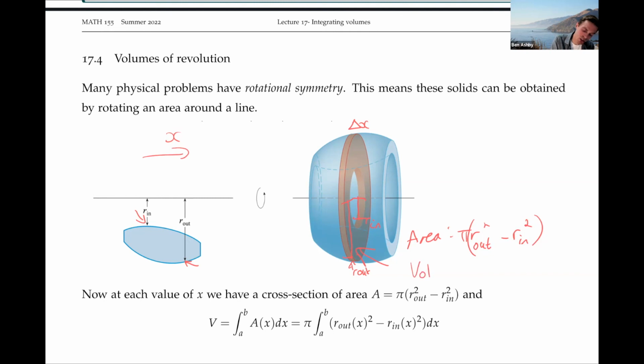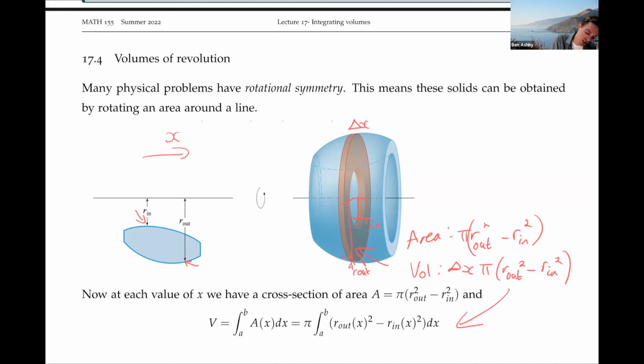And because it is delta x wide, it's going to have volume equal to delta x times pi times r out squared minus r in squared. So now that we know the volume of this disk, we can work out the volume of the entire object by integrating over its length.